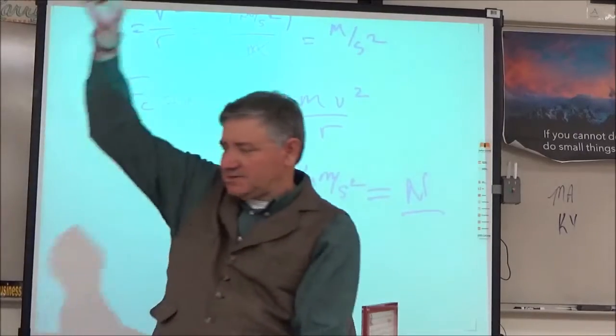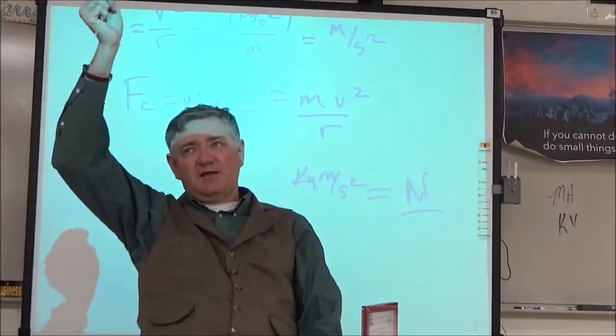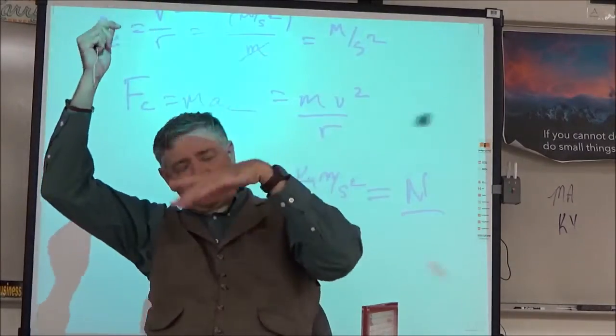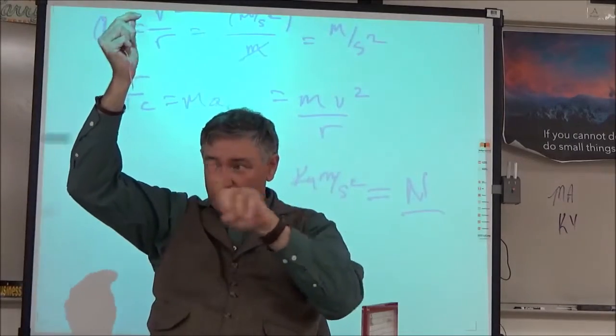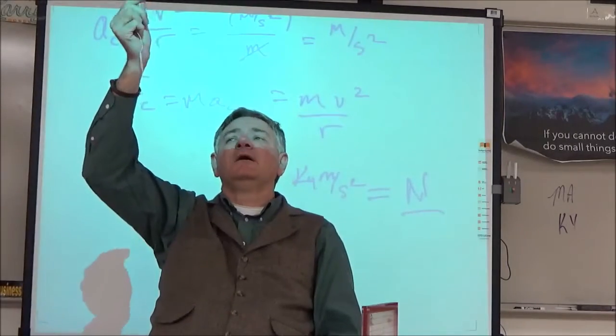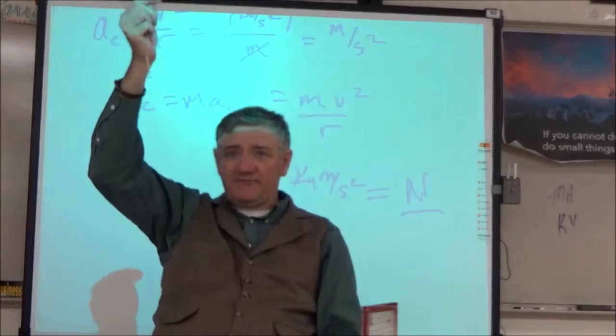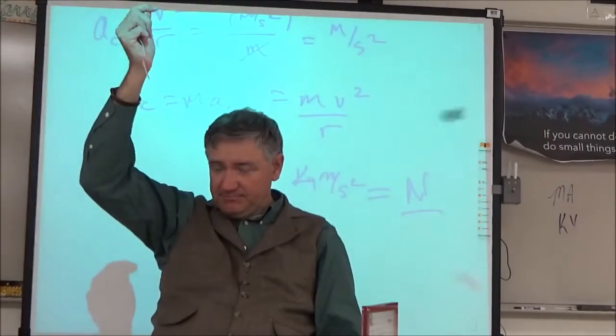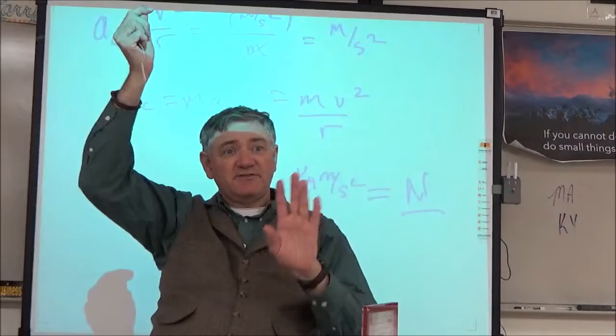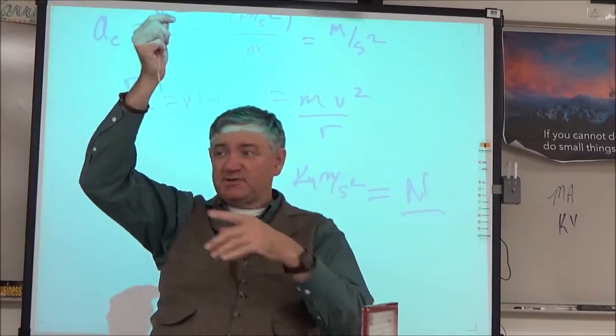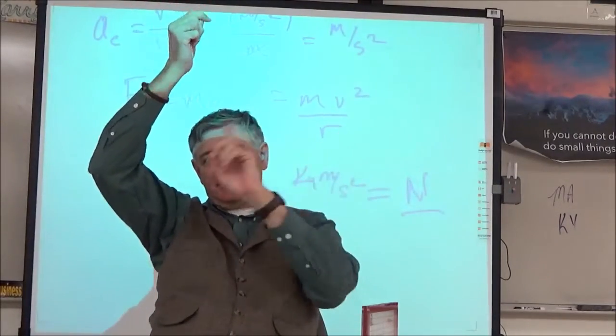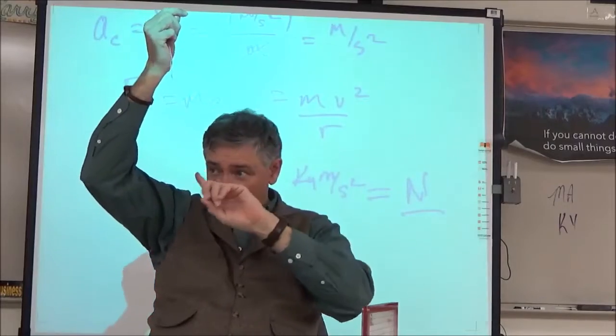Okay, so now there's another way that you can look at this. So let's say that I'm going to take this rubber stopper, and this is where a lot of this stuff, no pun intended, goes full circle in terms of what we've studied so far. So if I'm going to move this thing around, if you go back to the very first test that you all took, and we were calculating the velocity of the Earth as it goes around the sun, remember that problem?